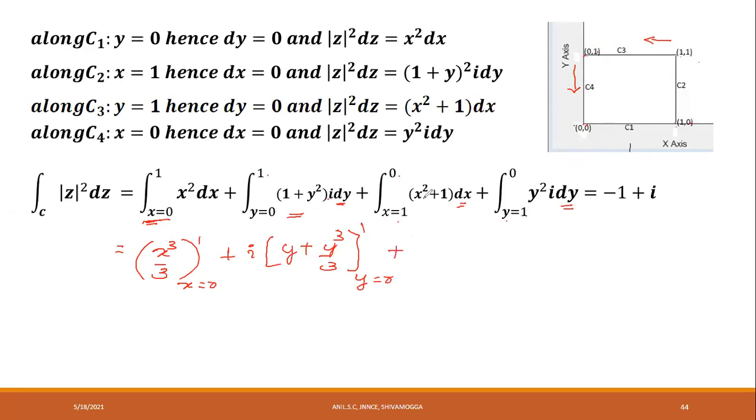Plus x cube divided by 3 plus x, limits from x is equal to 1 to 0. Plus i into y cube divided by 3, limits from y is equal to 1 to 0.